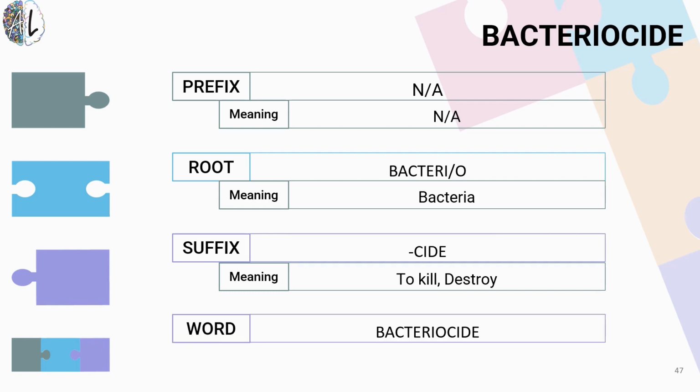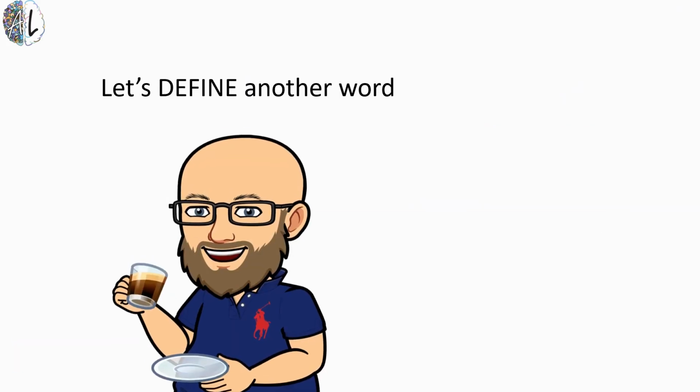So as we're defining the total word bacteriocide, we want to start our definition with the words to kill or to destroy. In this case, it's just to kill or destroy bacteria. A bacteriocide is usually some sort of a chemical, a spray, or something inside the medical office that helps to kill the bacteria that might be left behind by your sick patients.